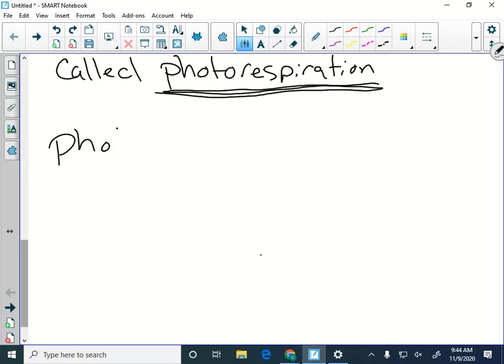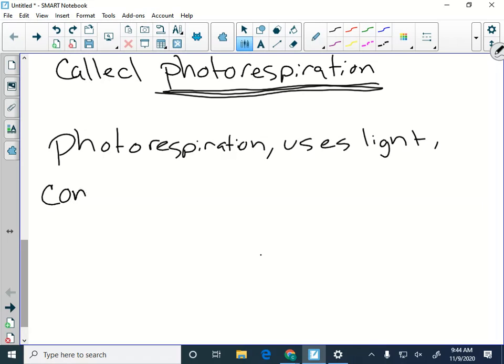So if we've got too much oxygen and not enough carbon dioxide, the cell will revert to this process right here.